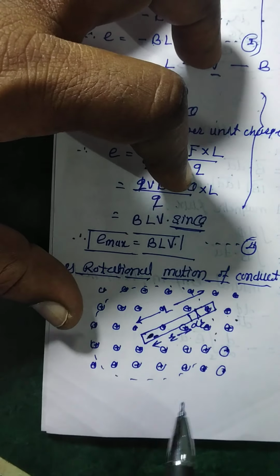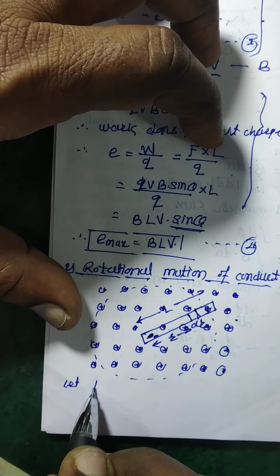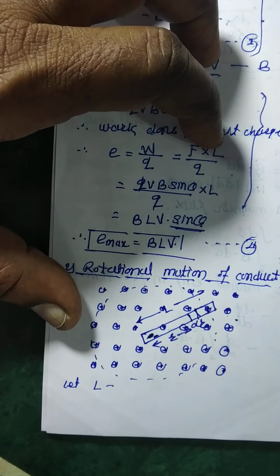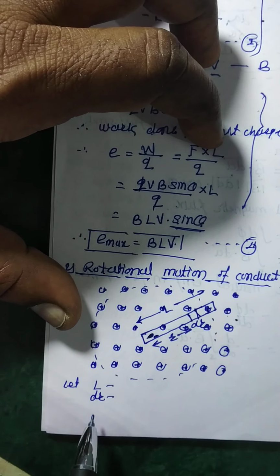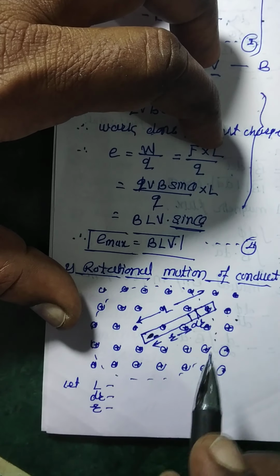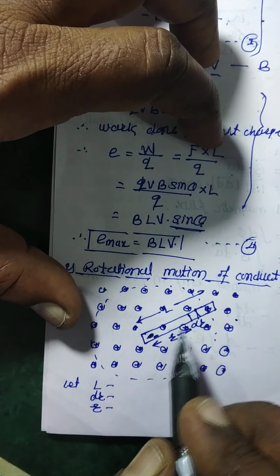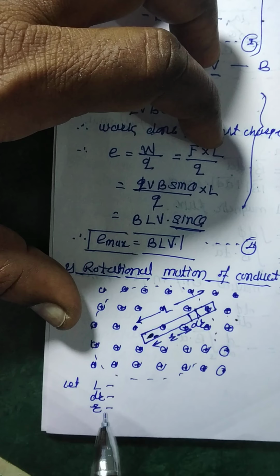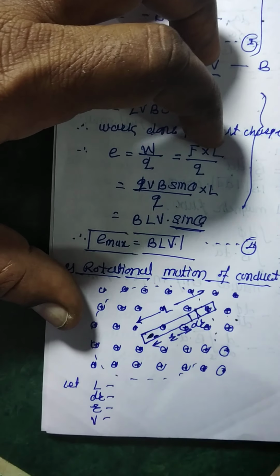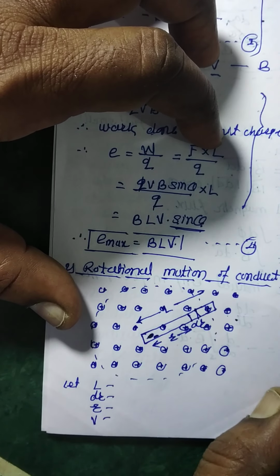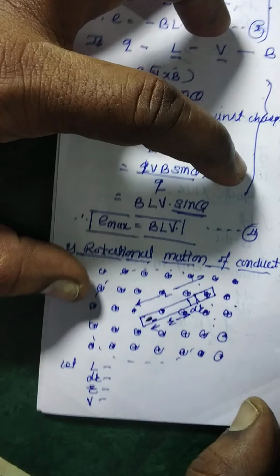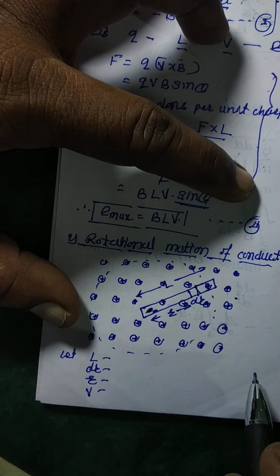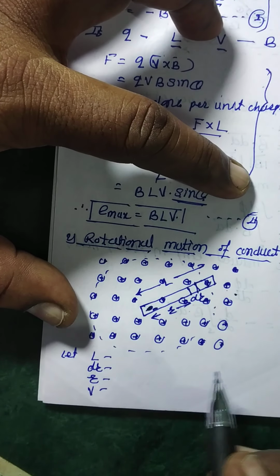Let L be the length of conductor, dr the length of a small element of conductor, r the distance of the element from the axis of rotation, and v the rotating velocity of conductor. Then what is the induced EMF?